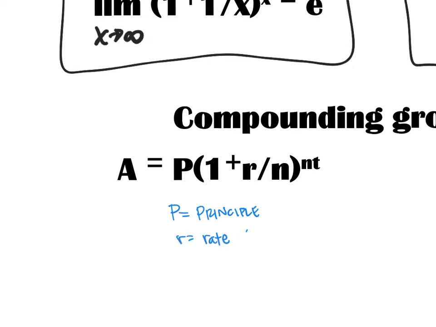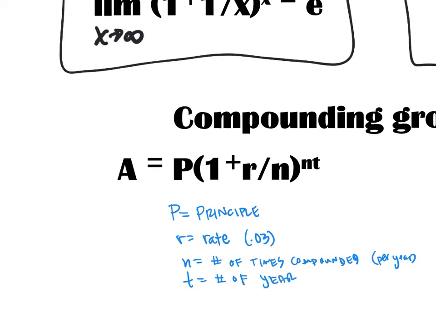So you might get a 3% interest rate; we always write it as a decimal. n is the number of times compounded, typically per year, but it could be otherwise. And t is the number of years, or it could be otherwise.